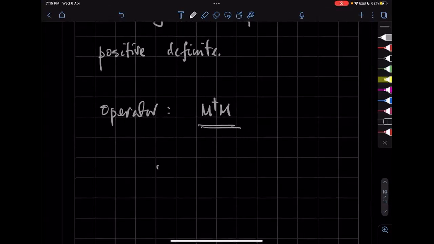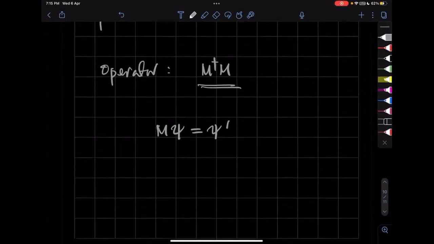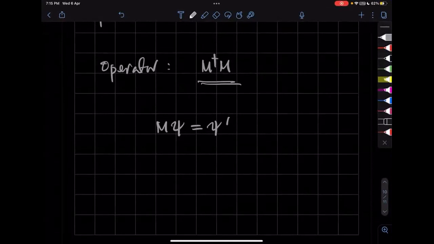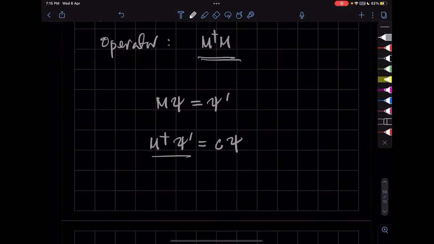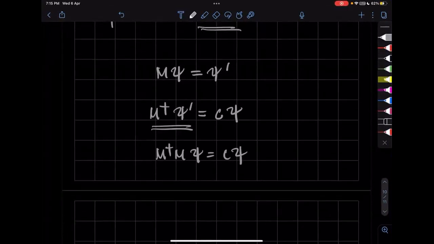So now suppose that M acts on some vector psi and gives you another vector, psi prime. And then M dagger acting on psi prime gives you back the original vector up to C, right? So if I write this out, then I get M dagger M acting on psi gives me C of psi, right? In other words, this is some sort of an eigenvalue equation.